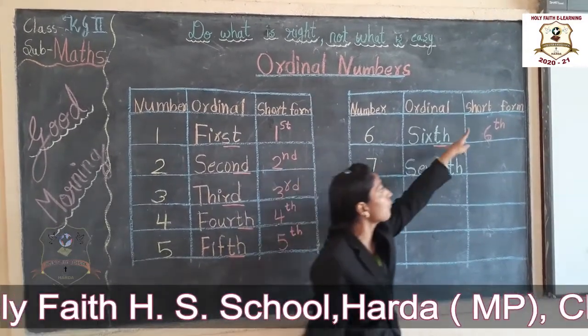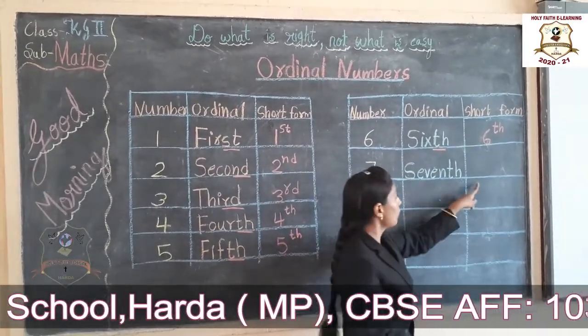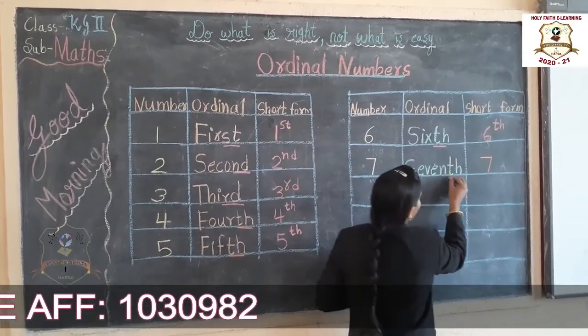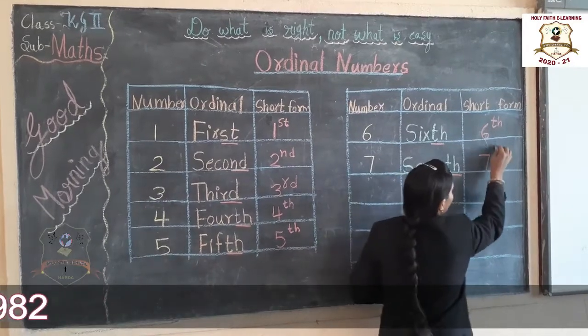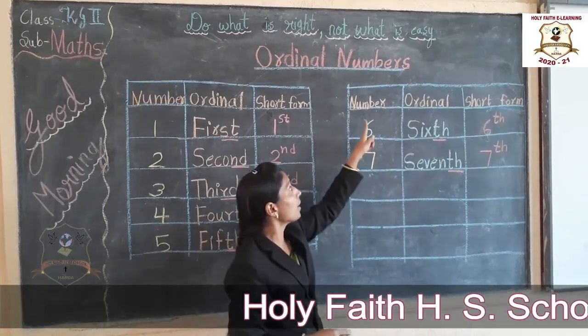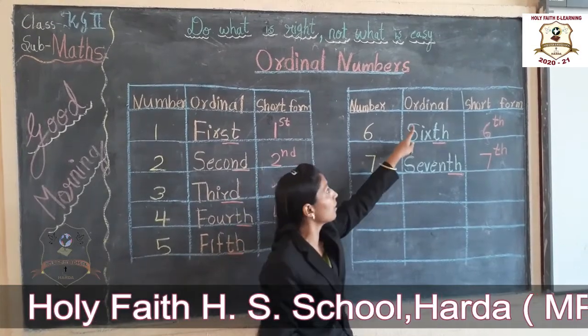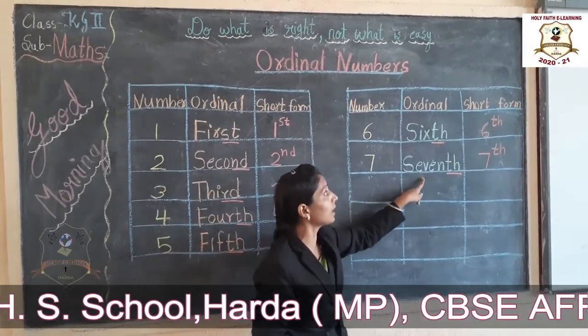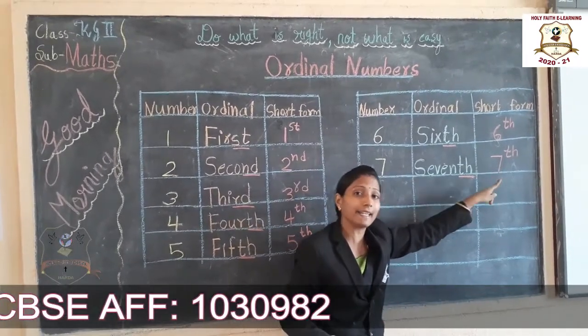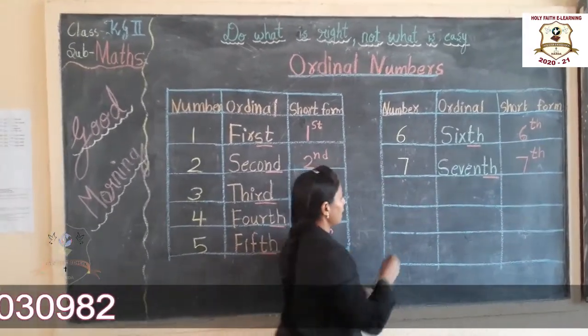And the short form of seventh is, look at here, 7 and last के 2 letter T-H, ऊपर की साइड पे. Okay. The ordinal number of 7 is seventh, and the short form of seventh is 7 लिख के last के 2 letter T-H. Seventh. Okay. Next.